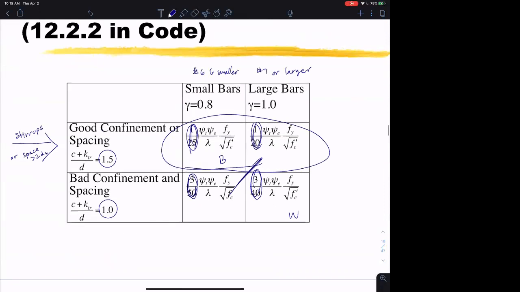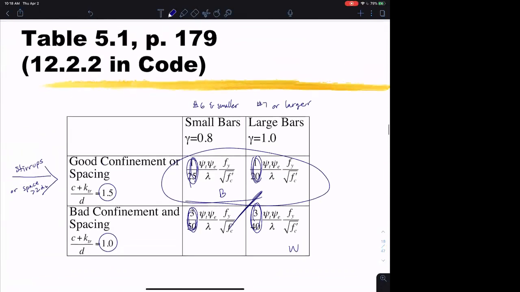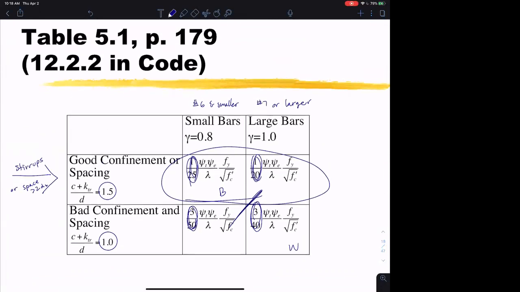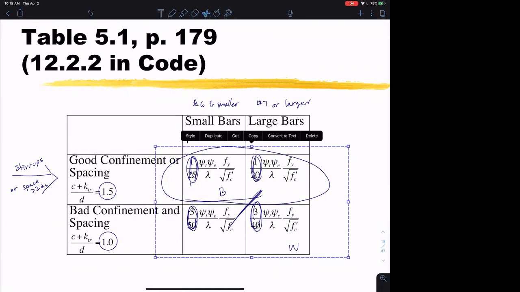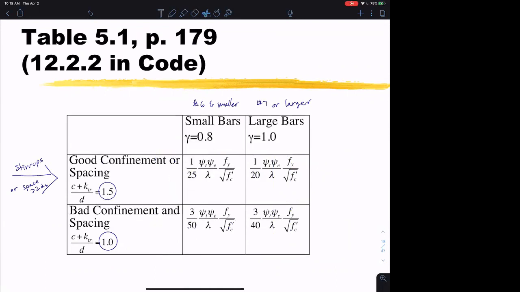To summarize, you're going to use this. And so we had all those lectures just to tell you where this stuff came from. Let me clean this up. And then what you're going to do, if you have stirrups, you're going to use this box right here, okay, because you have stirrups.